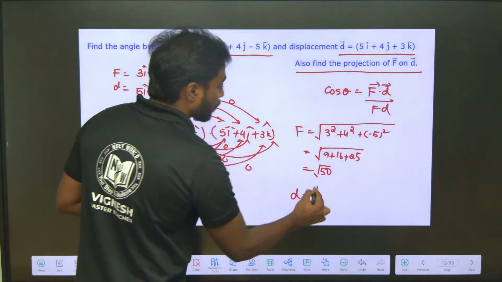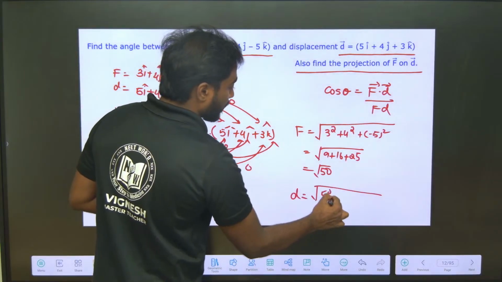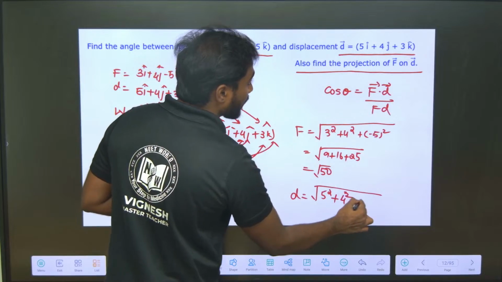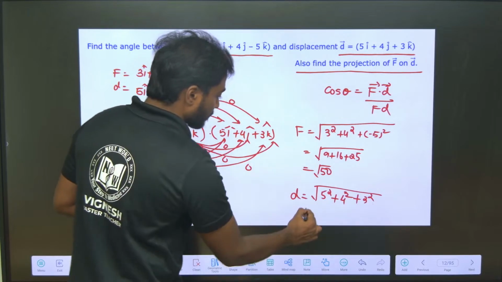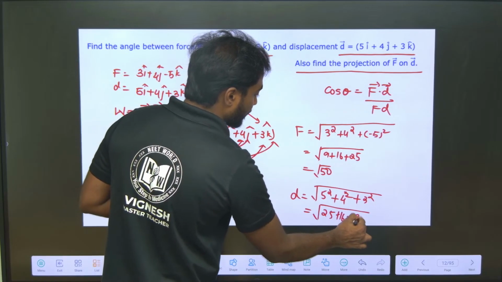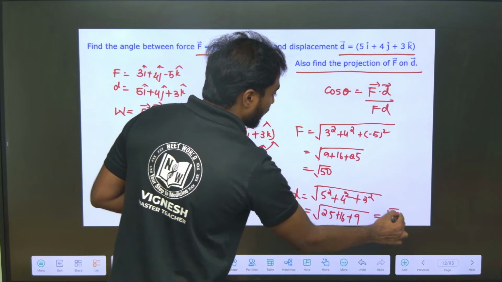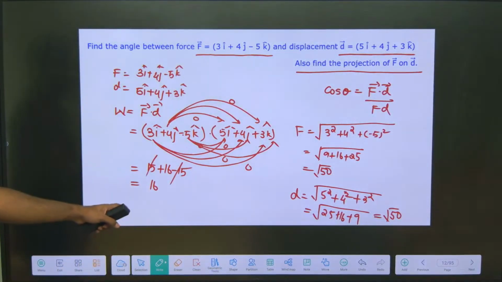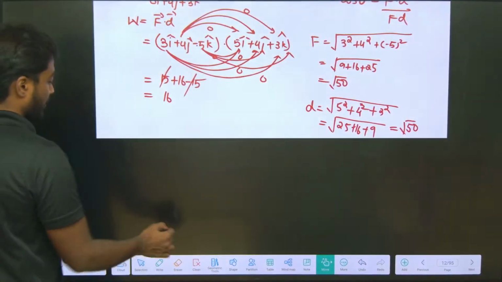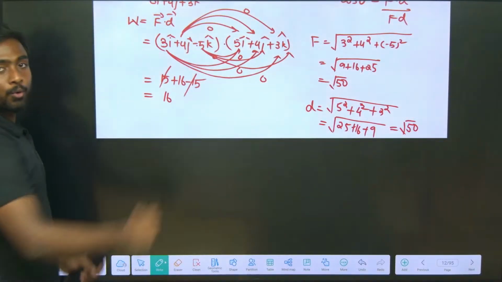Displacement is root over 5 square plus 4 square plus 3 square, root over 25 plus 16 plus 9, which is nothing but root 50. So I got the values as 16, root 50 and root 50.